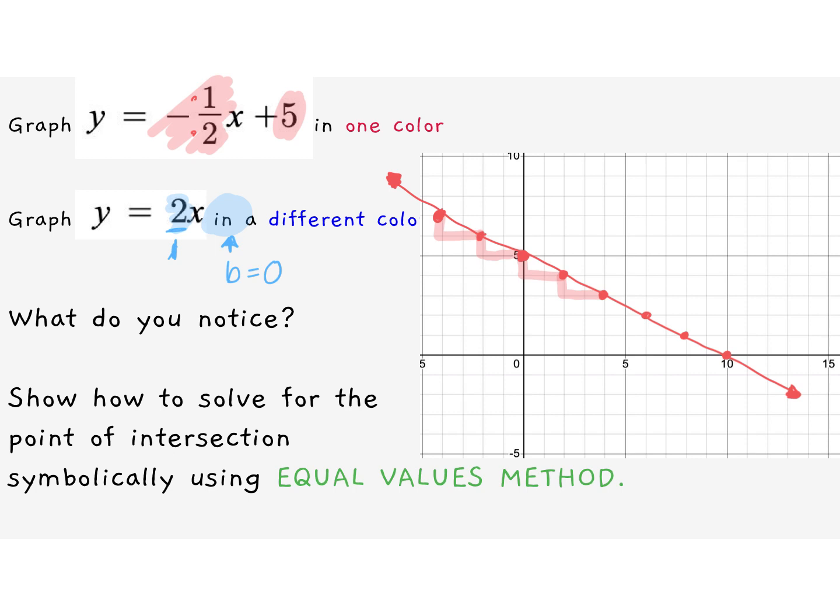The first thing we want to do is place a dot right here at the origin for the zeros. And then again, we are going to rise up. We are in a positive value, so we are going to rise up 2 and go over 1. And that's our first point. And we'll do it again. We're going to rise up 1, 2, and we're going to go over 1, and there we go. We have found our point of intersection.